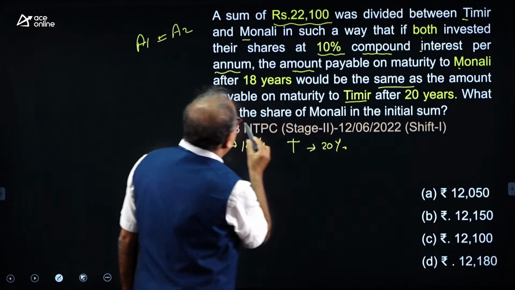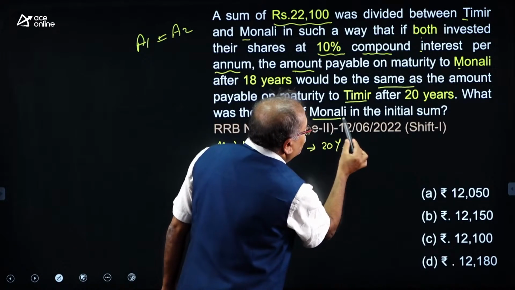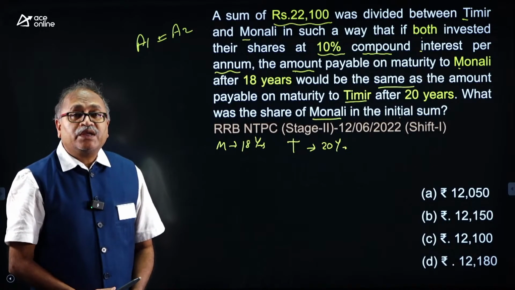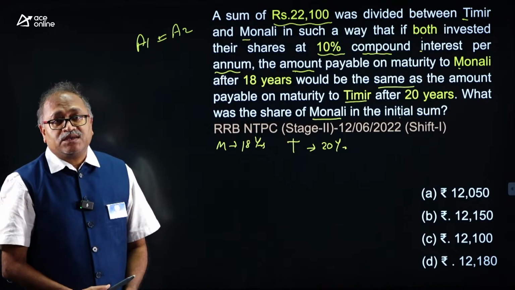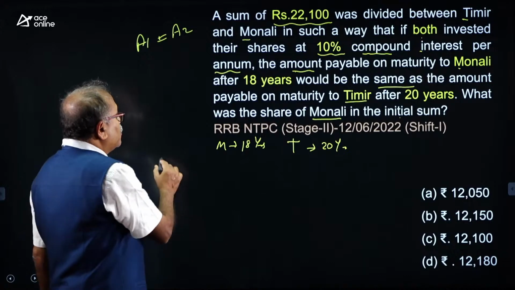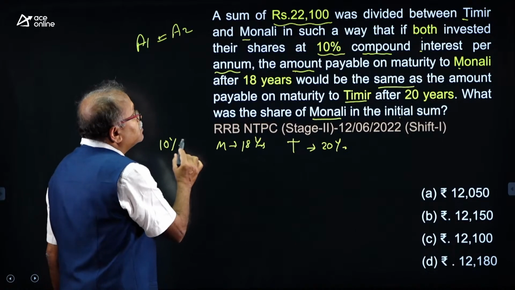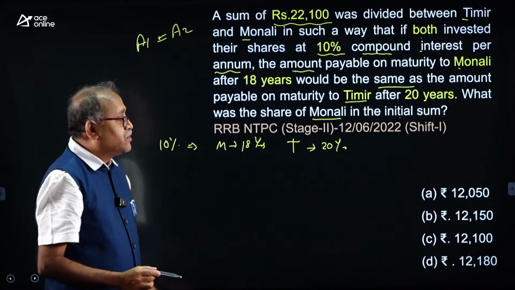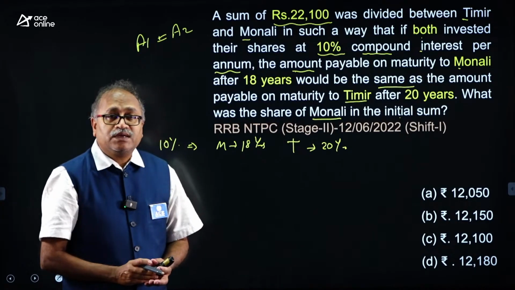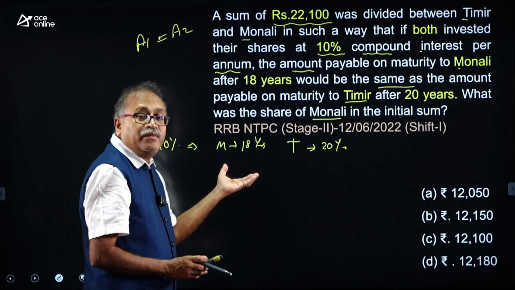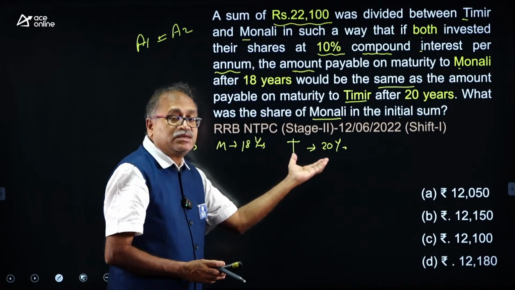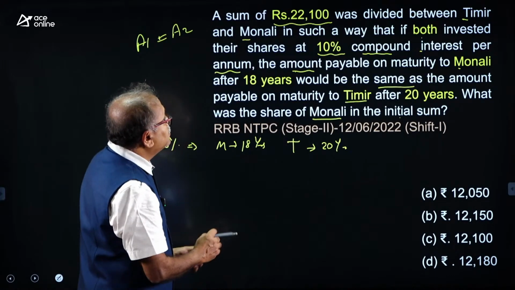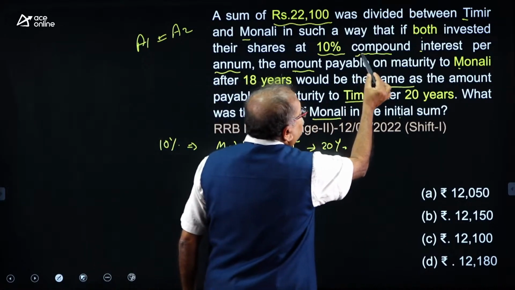Am I right? So, what was the share of M in the initial sum? The rate of interest of 10% is given in both the cases for M as well as T. The amount of M after 18 years is the same as amount of T after 20 years. And is it simple or compound interest? It is compound interest.